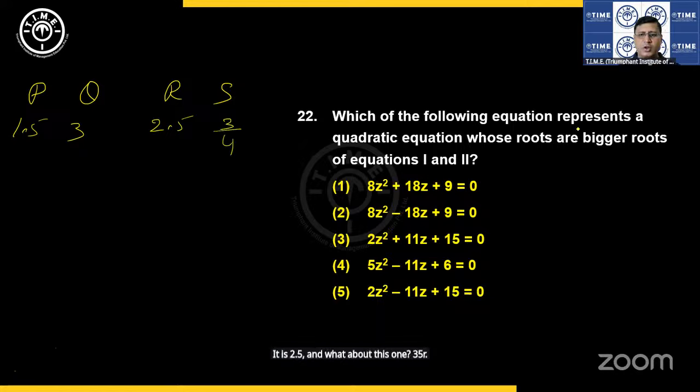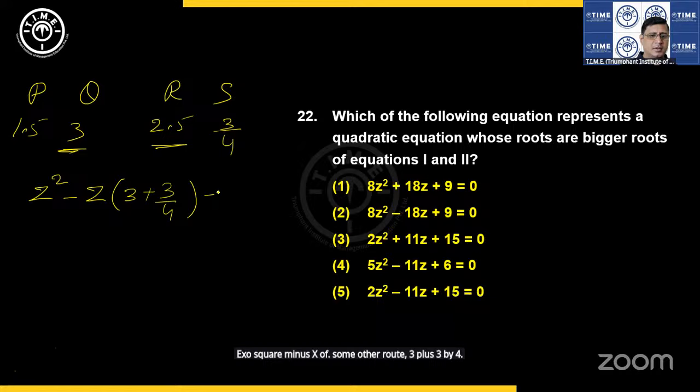So we need to frame an equation by using the bigger roots of equation 1 and 2. Bigger roots 3 and 2.5. So by using the formula, that is z square minus z times the sum of the roots plus alpha beta.